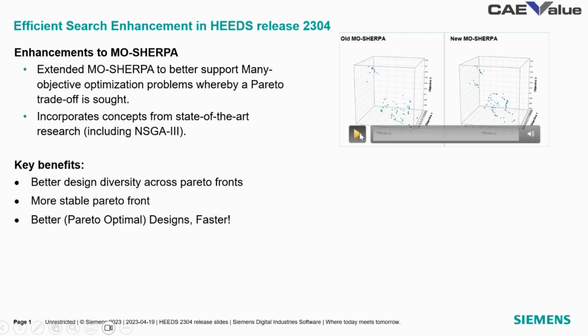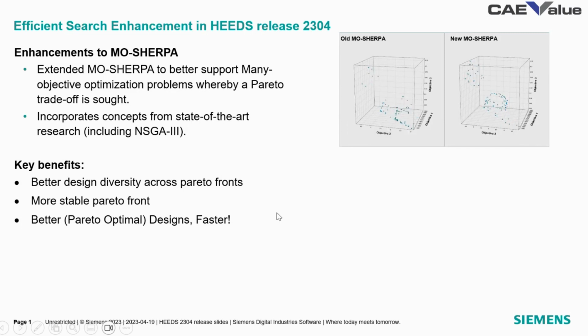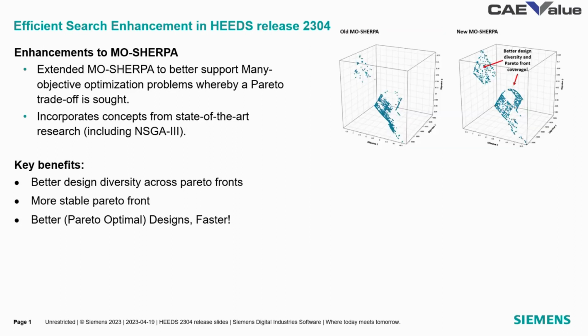Here you can see how the search pattern looks for these 3 objectives between the old and the new version. So what you essentially get is better design diversity and a better Pareto front coverage. Of course, you can use a lot of different criteria when you evaluate different optimization algorithms.